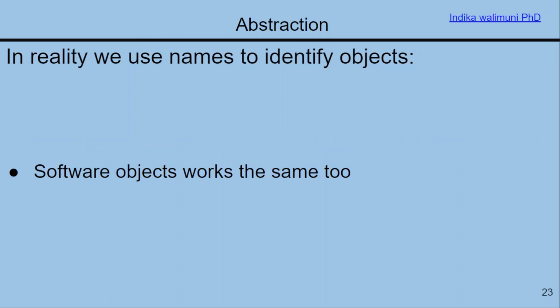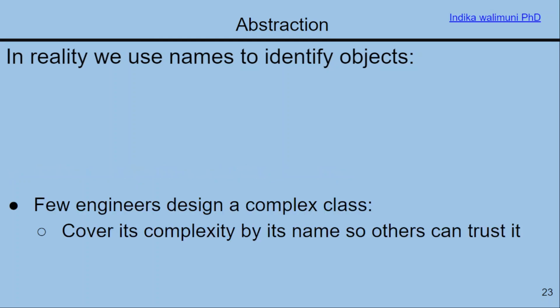So software objects also work the same, right? So a bunch of engineers design a library, okay, or complex classes or libraries, and then many others use it, right? So how do you do it?